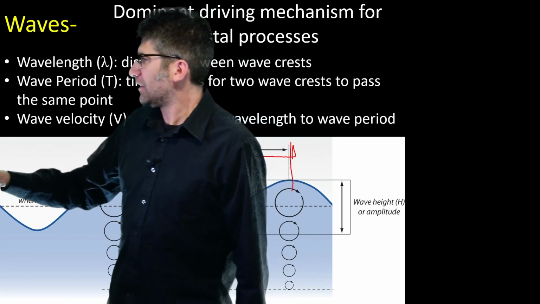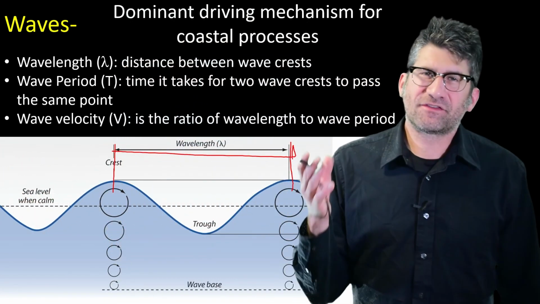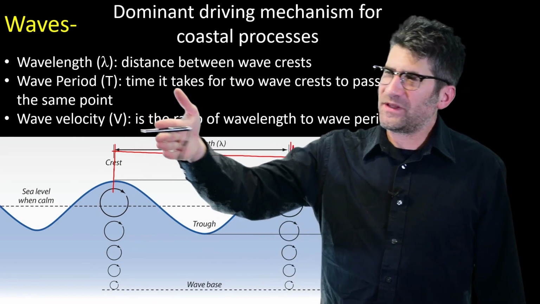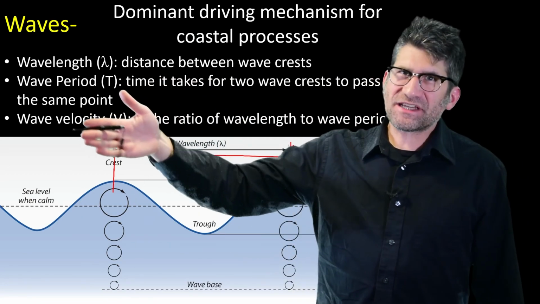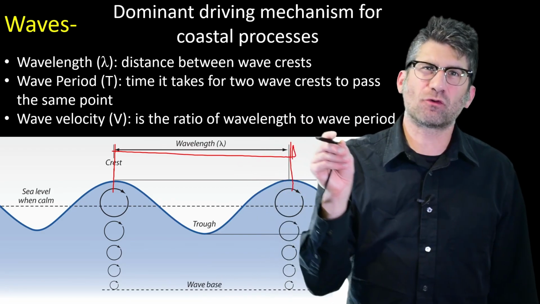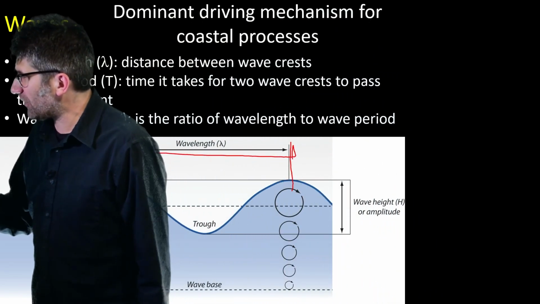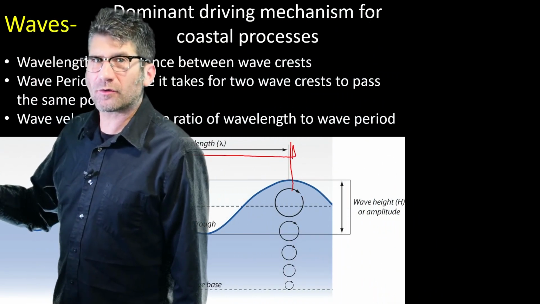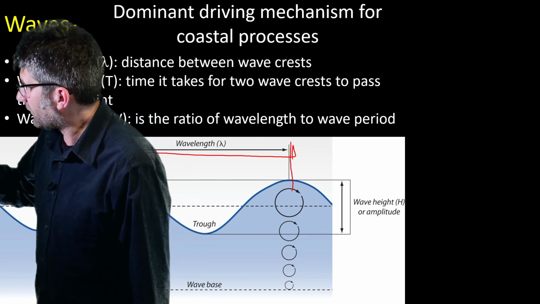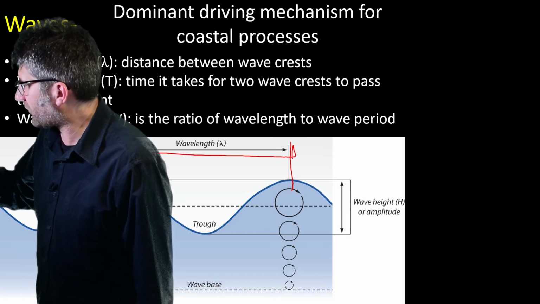Another really important thing when thinking about waves is that waves refer to the movement of energy. We're watching energy pass, but we're not necessarily watching the movement of individual water molecules. With waves, an individual water molecule has a cyclical motion, moving in clockwise circles.